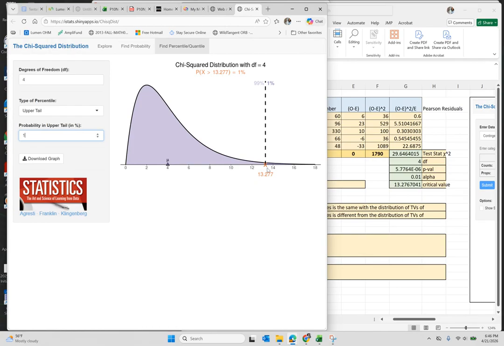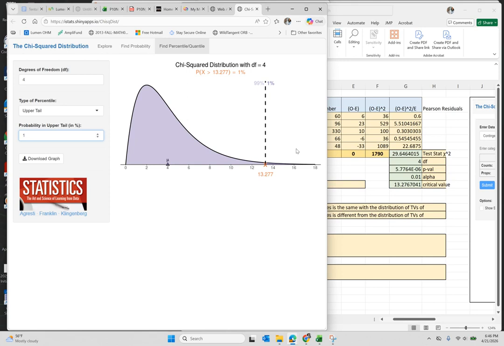That said, from this value on and to the right, so larger chi-squared scores will be in the unusual 1% of the population. This is called the critical region. So the critical region of the 1% unusual results would be test statistic values, chi-square scores greater than 13.277.